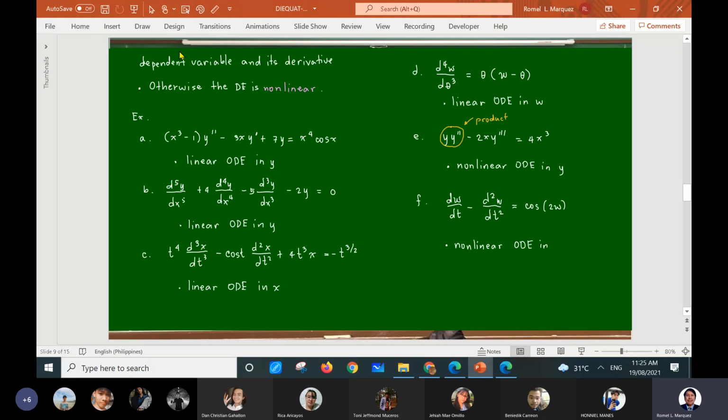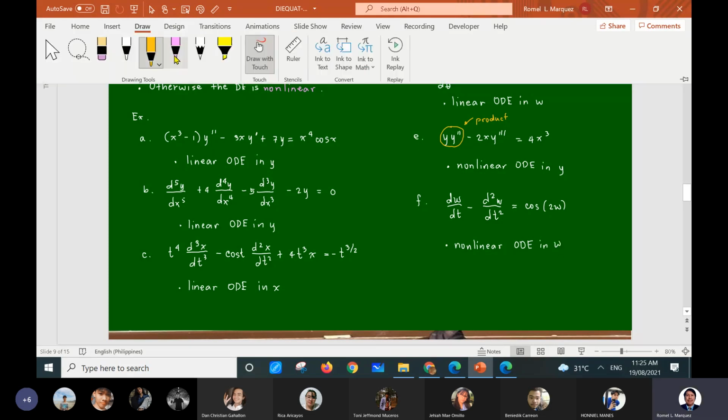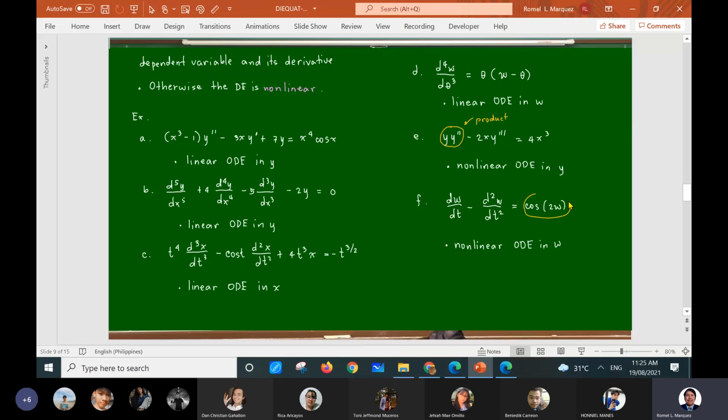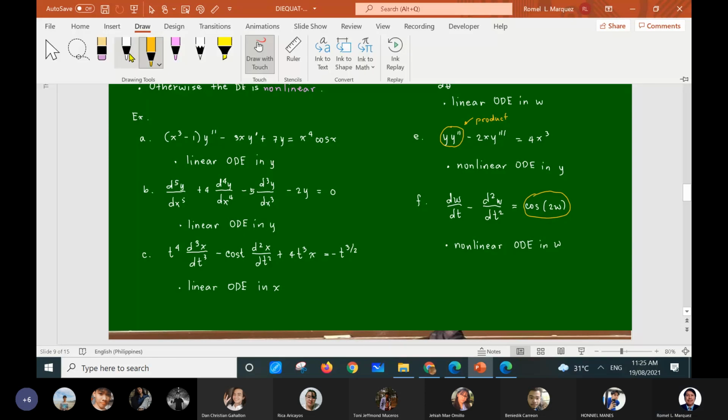Non-linear in w. Why non-linear? Because of this. There is a transcendental function, in particular cosine of the dependent variable w. If it were t, it would be linear, but this is w inside cosine. So non-linear. Okay?